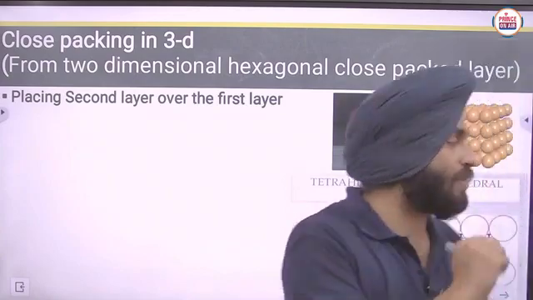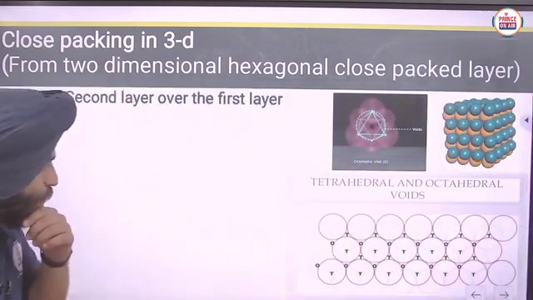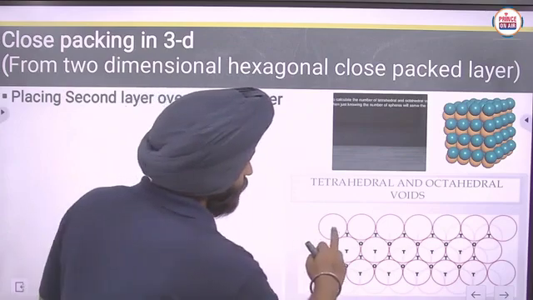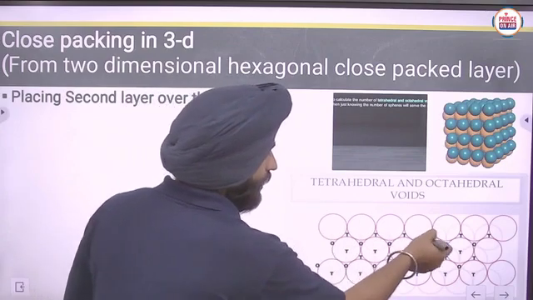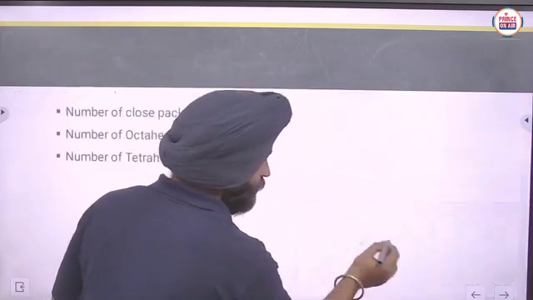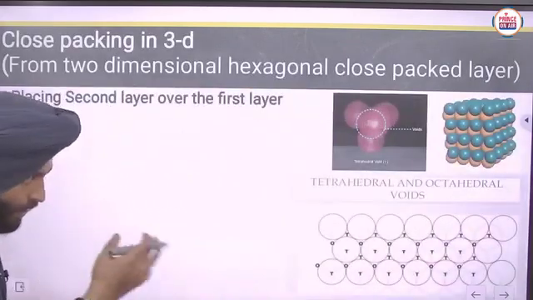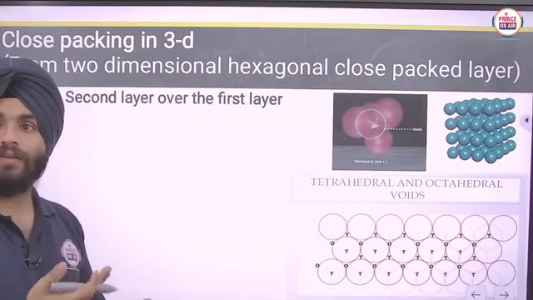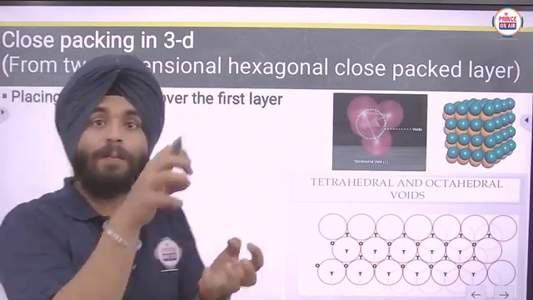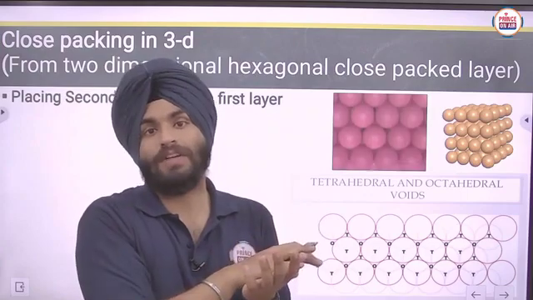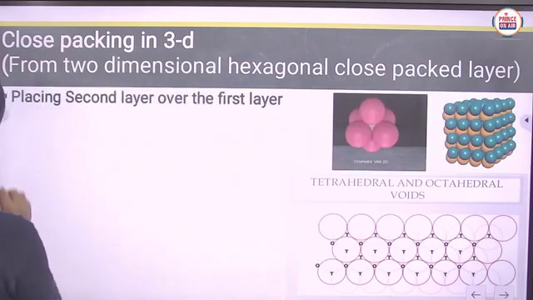Let us suppose this one is the first layer, the light balls. We have to place the second particles on the depressions of the first layer. How? See.